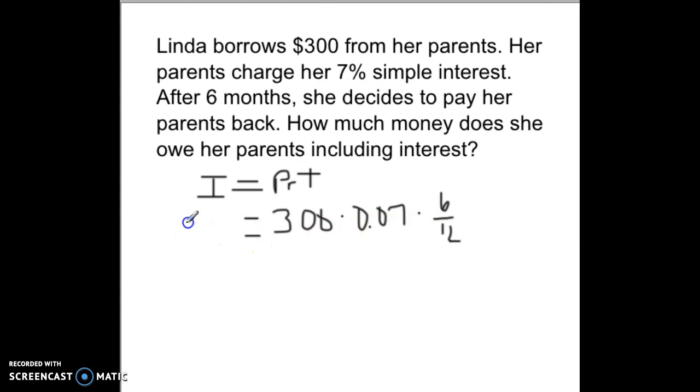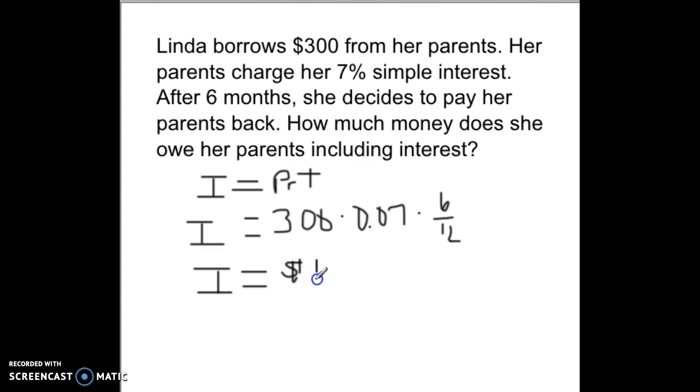Okay, so all we're going to do on this problem is multiply all these numbers together. We'll do 300 times 0.07 times 6/12. And the interest on that after 6 months is going to be $10.50.